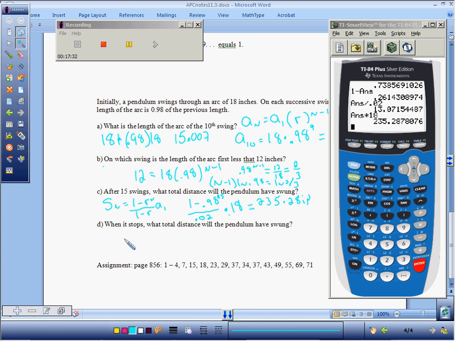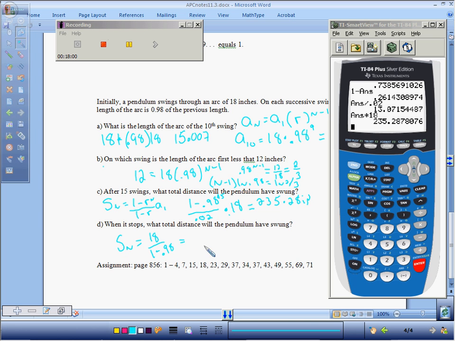And when it stops, what is the total distance the pendulum would have swung? I'm going to use my formula for the sum of an infinite series, because this is a converging sequence, since it's going down each time. So this would be a sub 1, which is 18, over 1 minus r, which is 0.98.